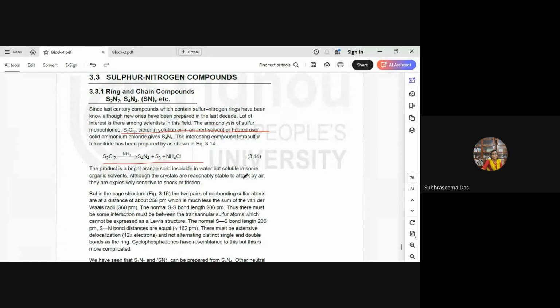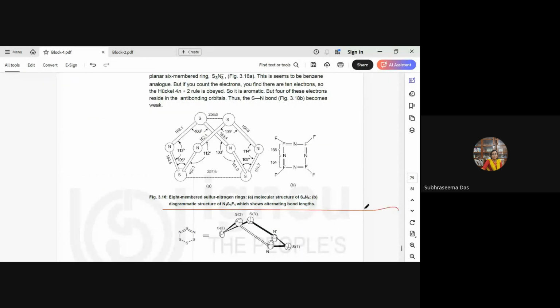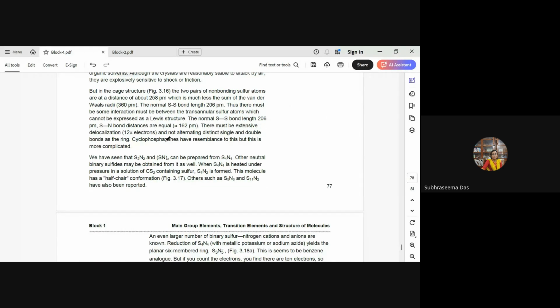The product here is a bright orange solid that is insoluble in water, but soluble in some organic solvents. Although the crystals are reasonably stable to attack by air, they are explosively sensitive to shock or friction. In the cage structure shown in figure 3.16, the two pairs of non-bonding sulfur atoms are at a distance of about 258 picometers, which is much less than the van der Waals radii.